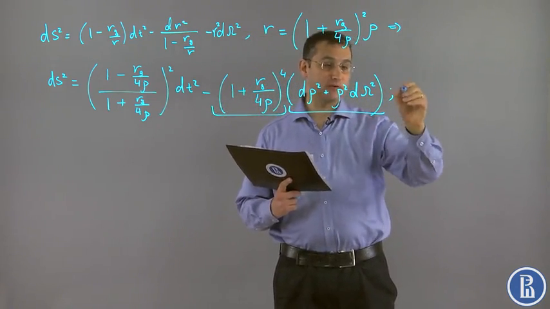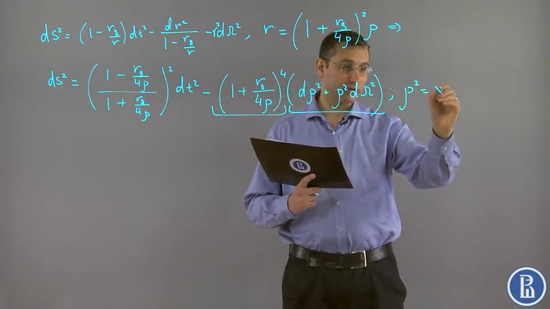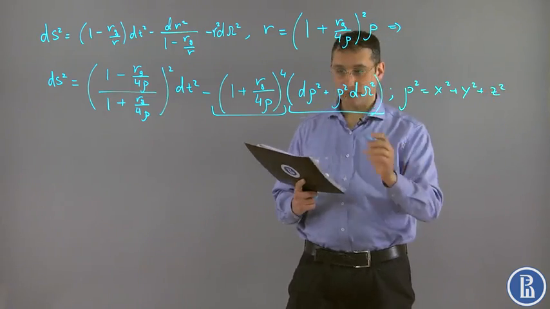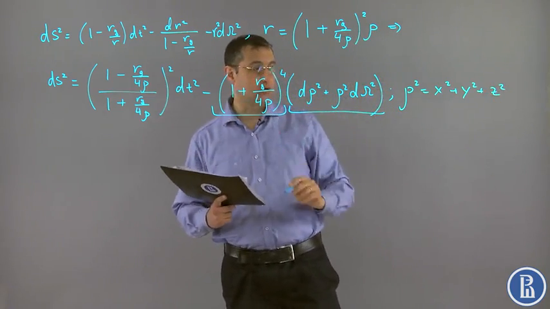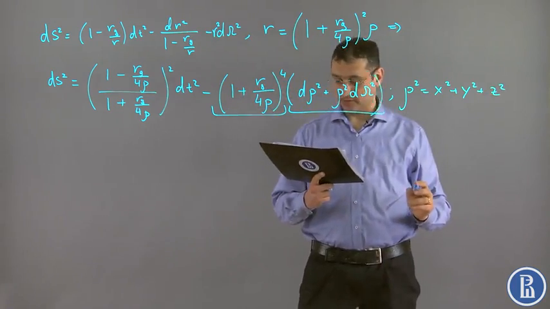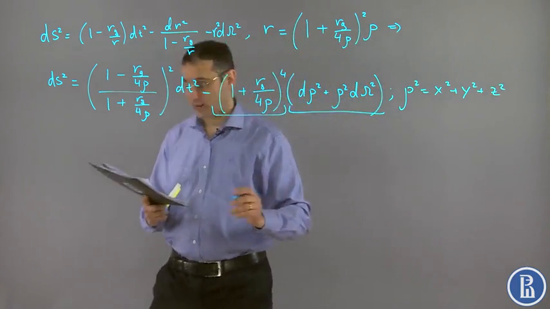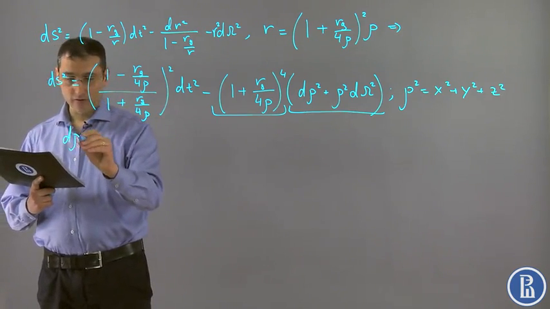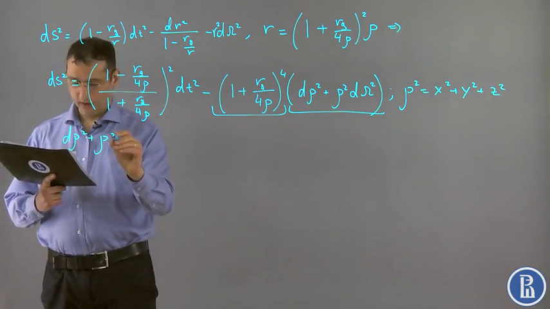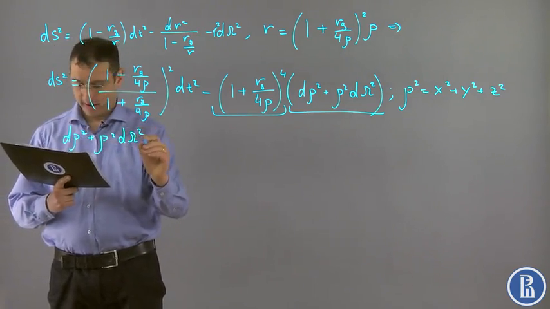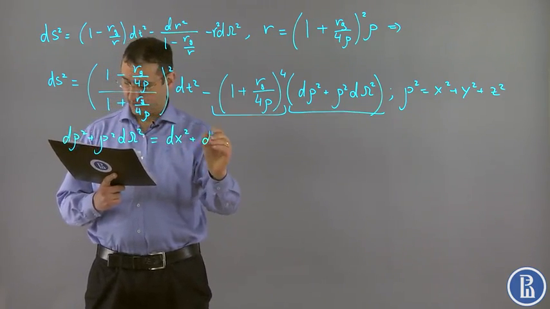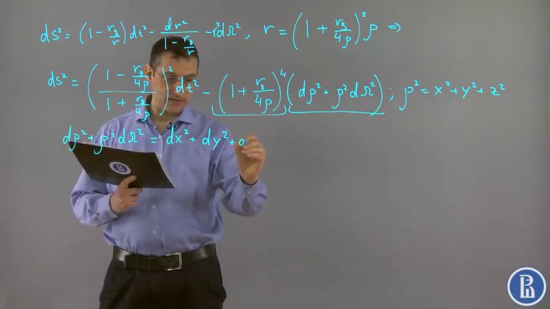If we represent rho squared as x squared plus y squared plus z squared, we can make in the spatial part of this metric a transformation to Cartesian coordinates, such that d rho squared plus rho squared d omega squared is equal to dx squared plus dy squared plus dz squared.